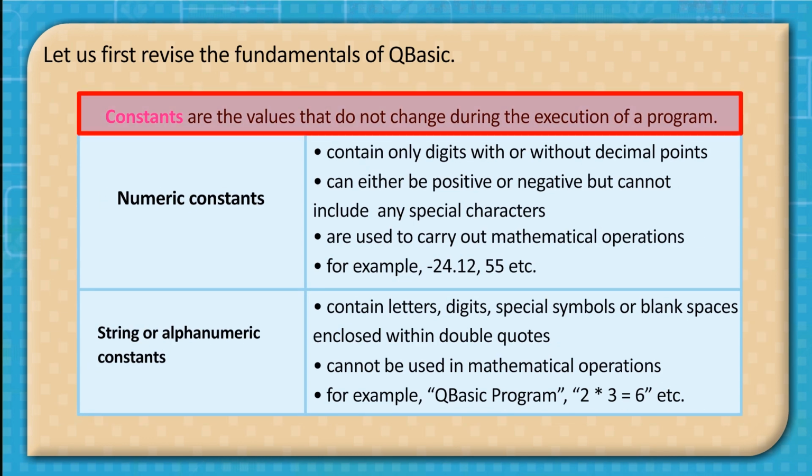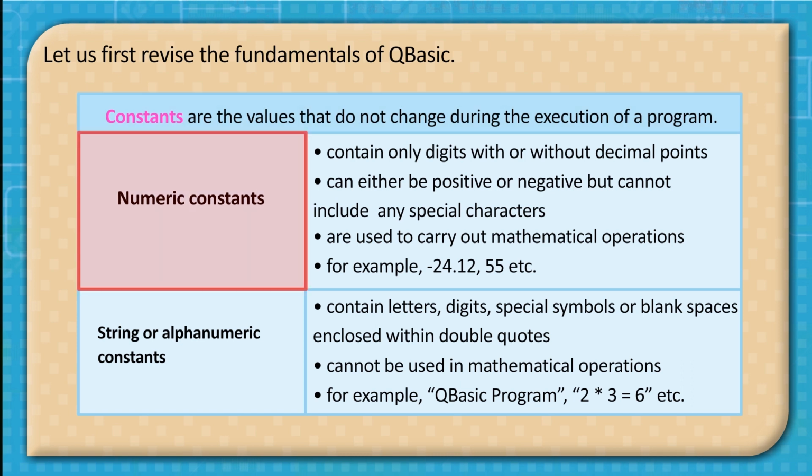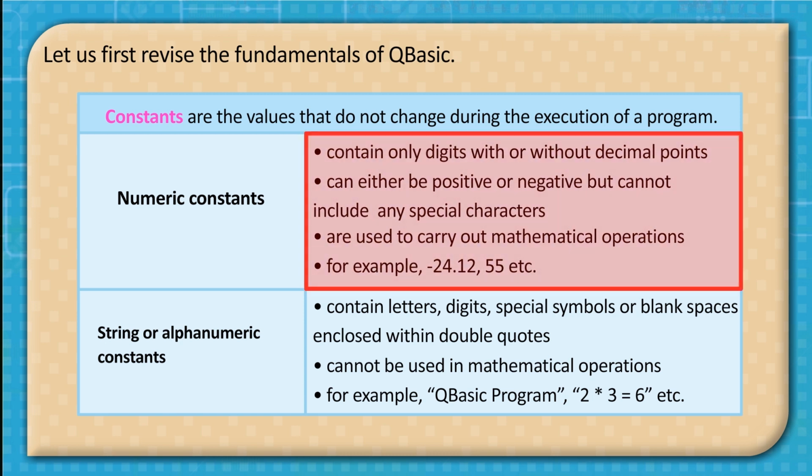Constants are the values that do not change during the execution of a program. Numeric constants contain only digits with or without decimal points, can either be positive or negative but cannot include any special characters, and are used to carry out mathematical operations.